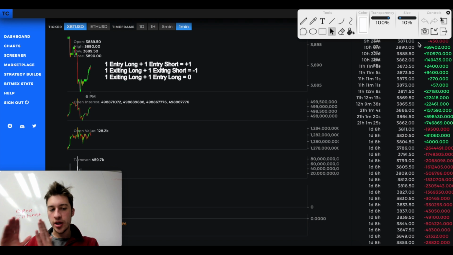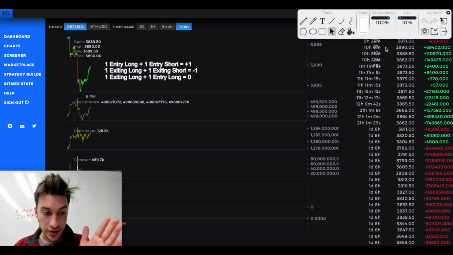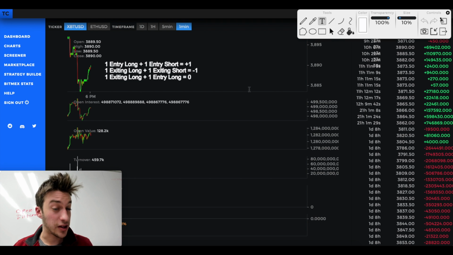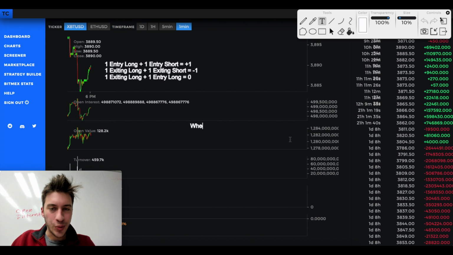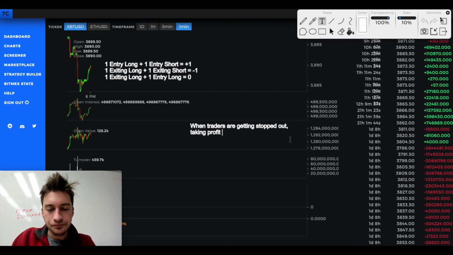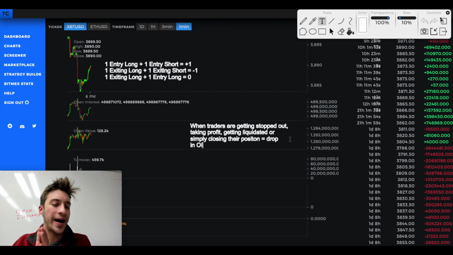Now let's go a little bit deeper into something I did not talk about before that I do think is really important, which is, why do we care about open interest and what does it actually tell us? Well, when traders are getting stopped out, taking profit, getting liquidated, or simply closing their position, we see a drop in open interest, which we abbreviate as OI.